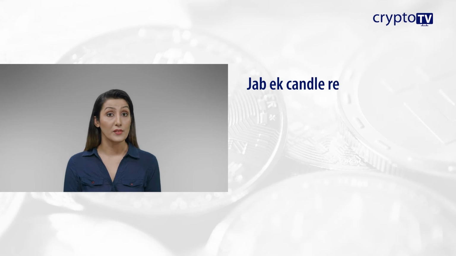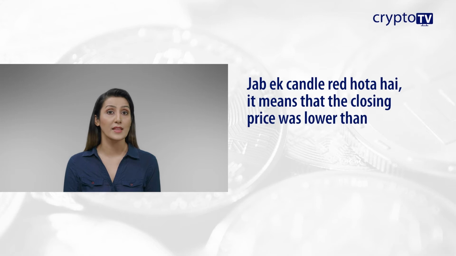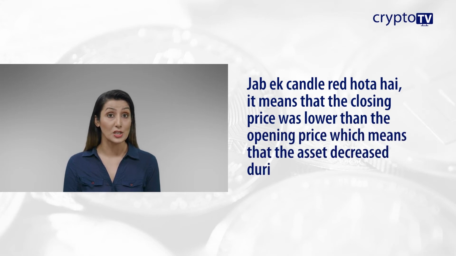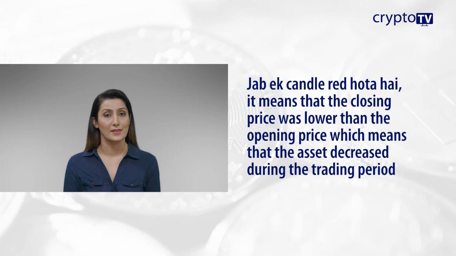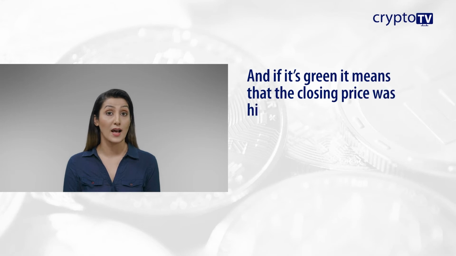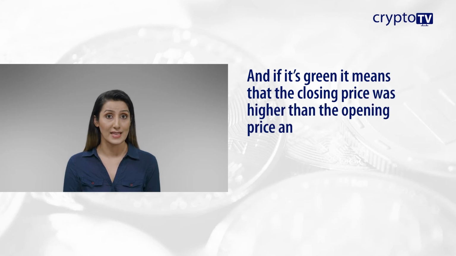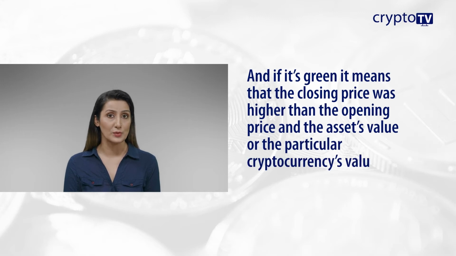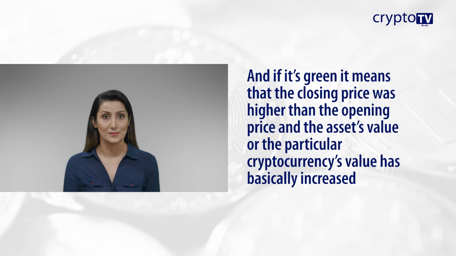When a candle is red, it means that the closing price was lower than the opening price, which means that the asset decreased during the trading period. And if it is green, it means that the closing price was higher than the opening price and the particular cryptocurrency's value has basically increased. So, now that the colors are clear, let's move on to the elements of this chart.